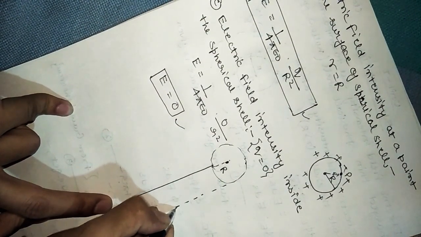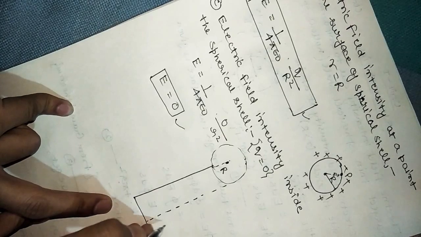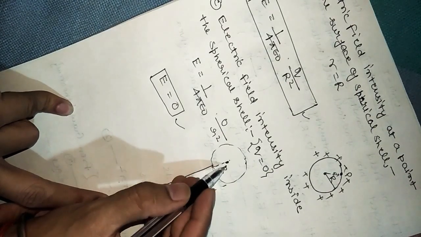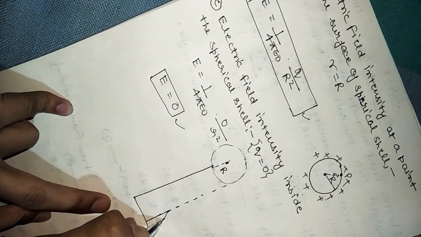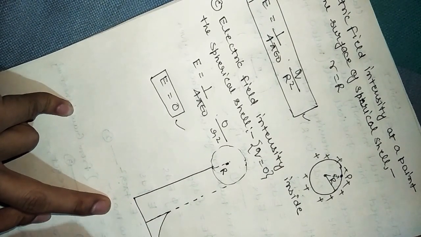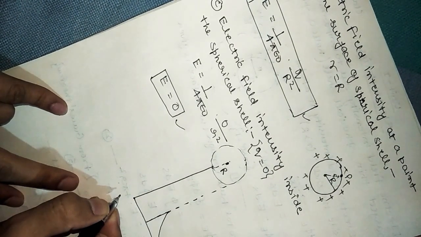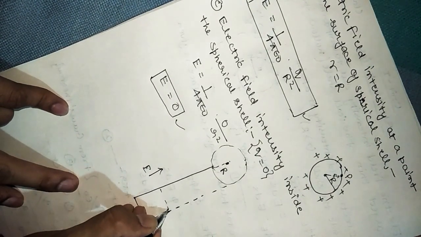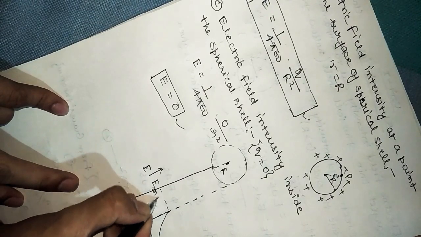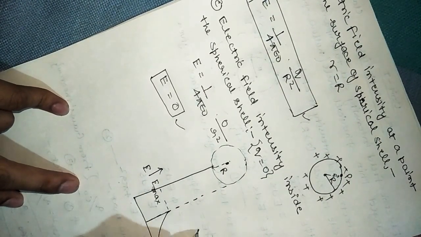It can be constructed like this. Capital R is taken here, and small r is represented on this axis, and this axis indicates E, and this would be the maximum value of E. So this is your graph.